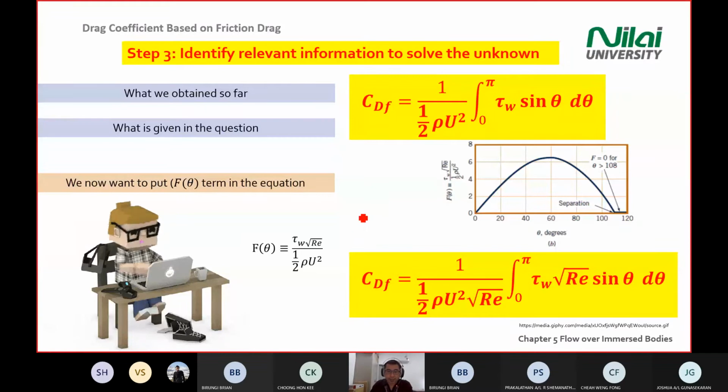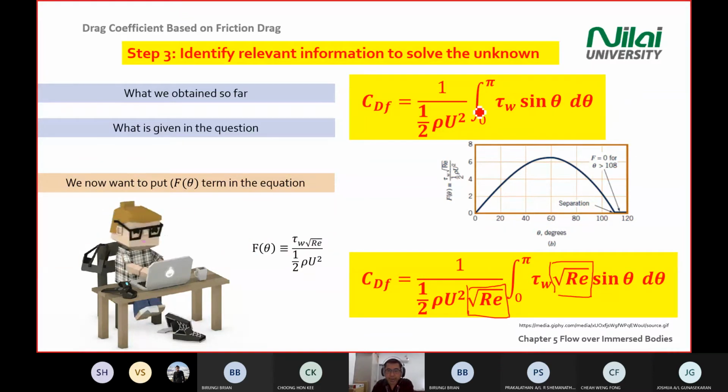Let me start to develop the equation. The first step is that I create something out of nothing, meaning I input the square root of Reynolds number on both sides, because we want to modify our equation to look like this one.